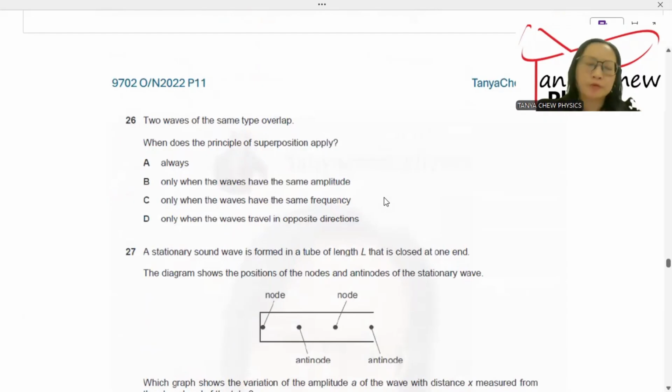For question number 26, two waves of the same type overlap. When does the principle of superposition apply?